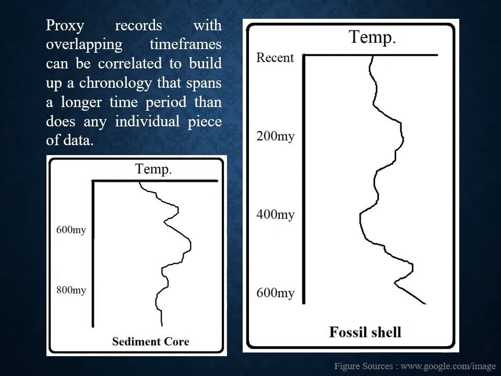Now, apart from this, as we already discussed, proxies are not good for all the geological times. Some proxies are good for recent times, and some proxies are good for older times. So if we want to know the climatic condition of the entire geological time, we have to depend on multiple proxies.